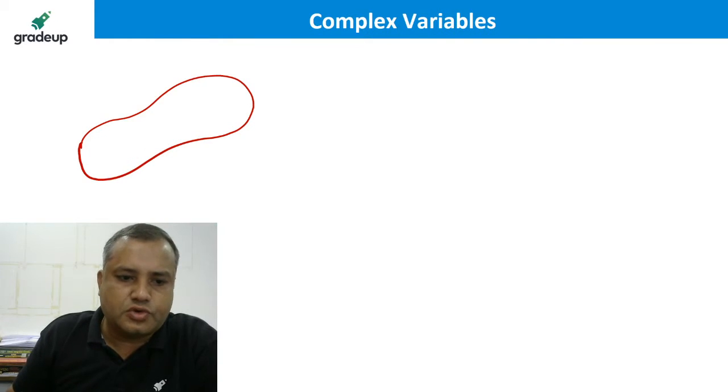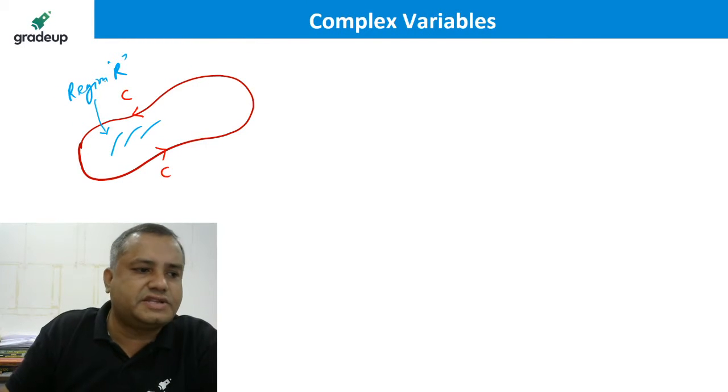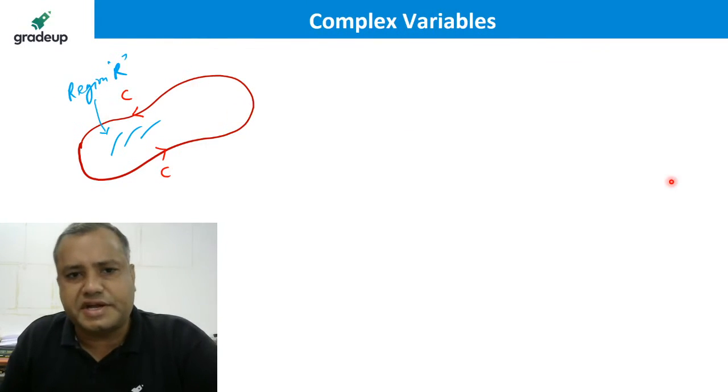If we have a closed curve C, this closed curve C encloses a region R inside it. So this region is region R. Whenever there is a closed curve, it encloses some region inside it.